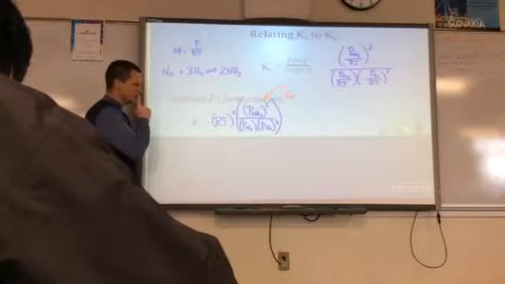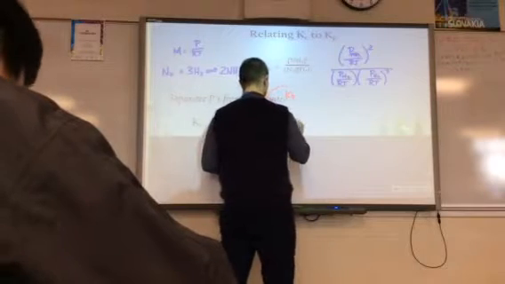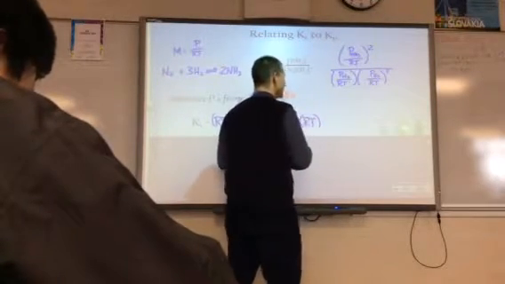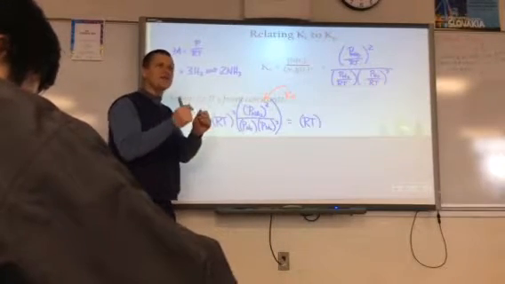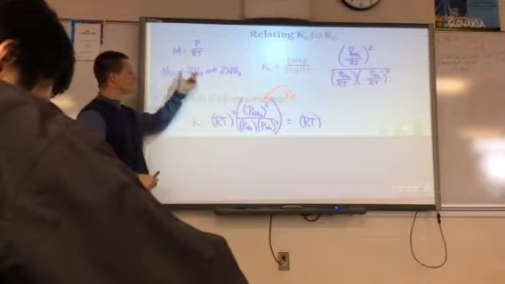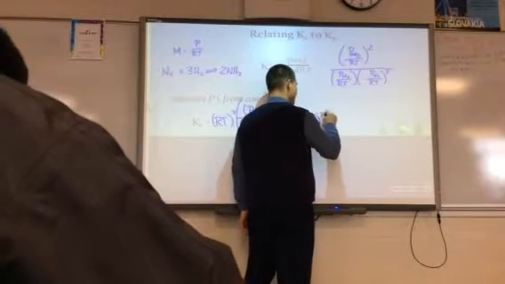So here's what I'm going to call this. If I called it delta N, the delta always means final minus initial. So it would be 2 minus 4. But this one was 4 minus 2. So is it okay if I call it negative delta N?